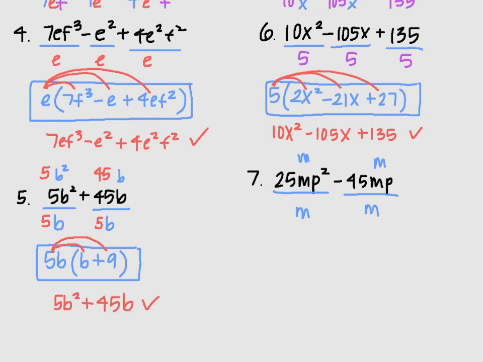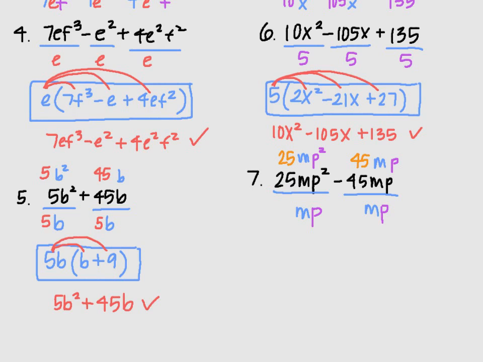We see that we have p squared, so we have 2 p's being multiplied. We also have a p in the second term, meaning that the variable p, since it exists in both terms, is also part of my GCF. And lastly, looking at the coefficients, I have 25 and negative 45.